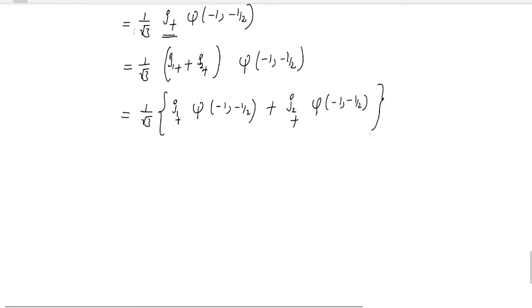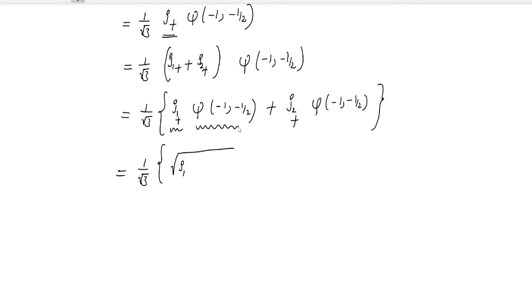Okay, so after applying 1 divided by root 3, j1, so this is the operator, this is the state, right? Wave function. So I'm going to apply j1 plus on this state.